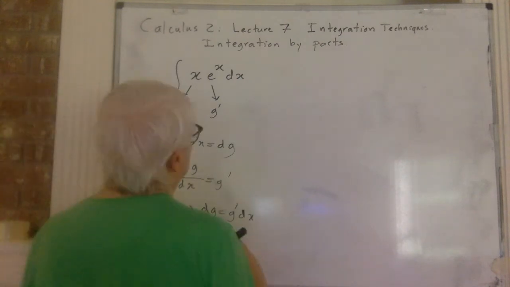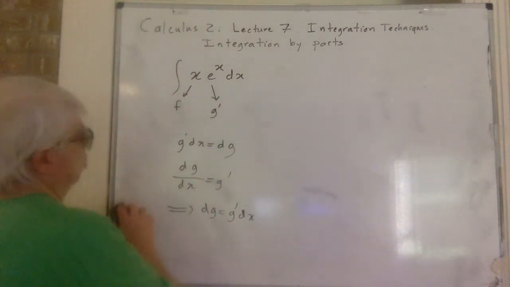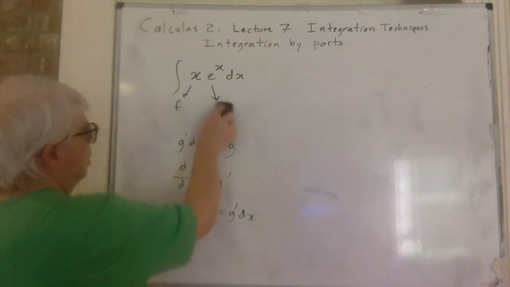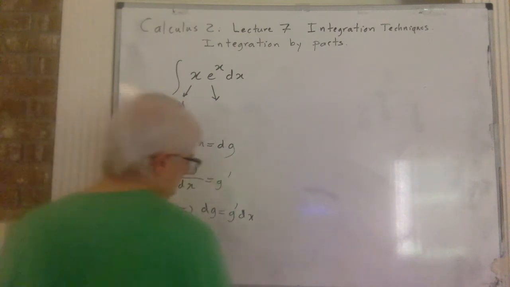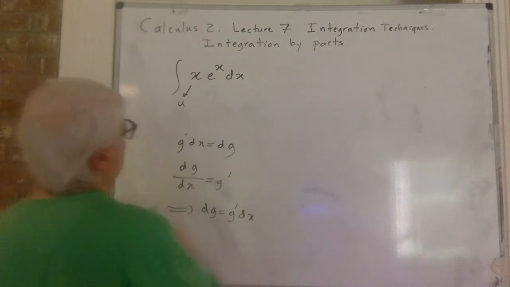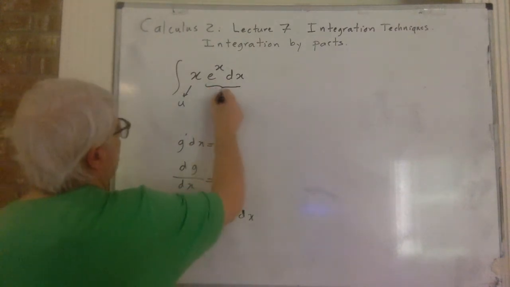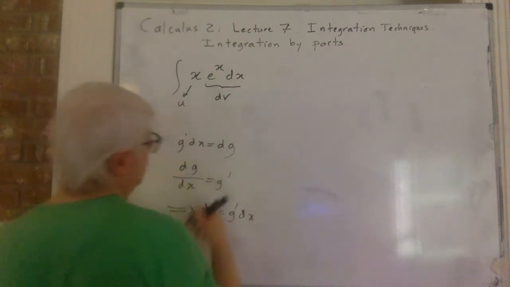So if I move to the u and v format, the other format, this is u, and this is dv. What is v? v is that g.